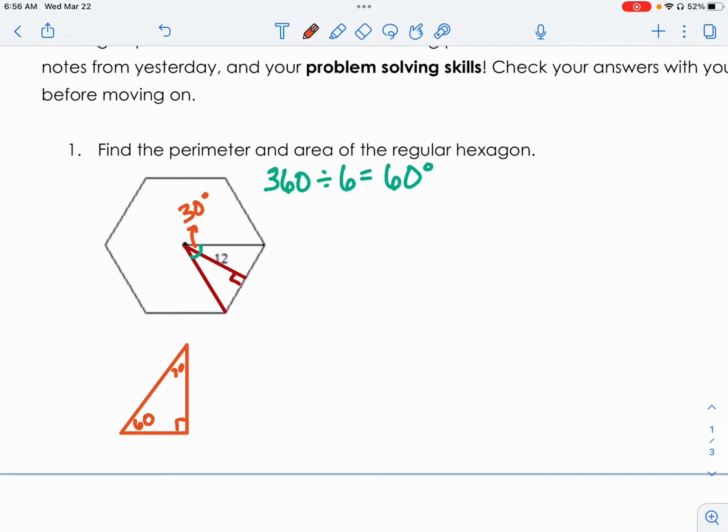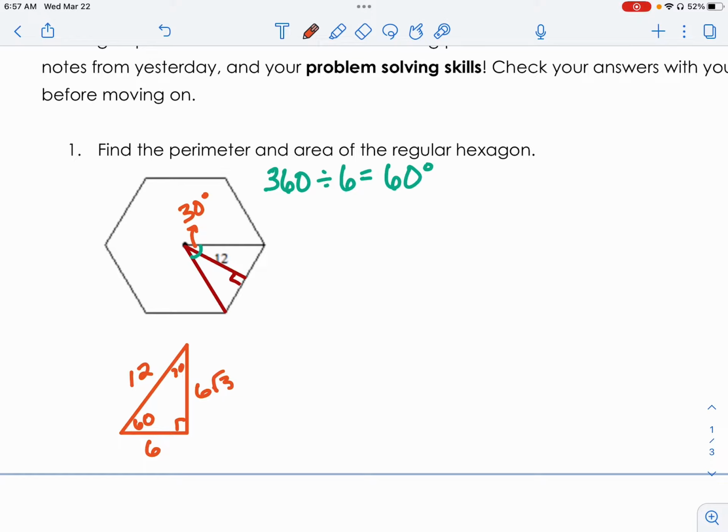So we can go ahead and apply our knowledge of 30, 60, 90s to say that this side is 6 radical 3, and then the other side is just 6. So special right triangles, get to know them, get to love them, get to use them. They can solve all the world problems.